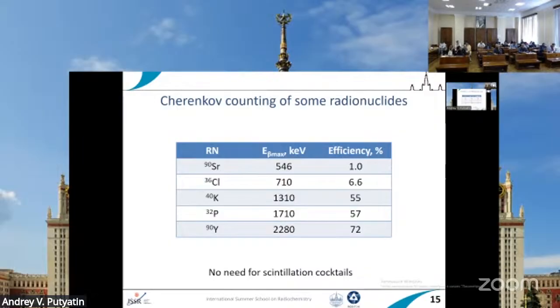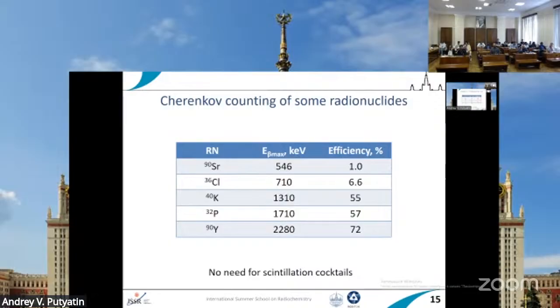So in this case, we don't have a chemical quenching effect because there are no other organic molecules that can take this energy from the solvent, because there's no excitation of the solvent.